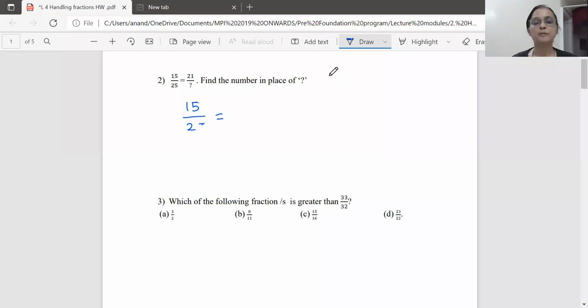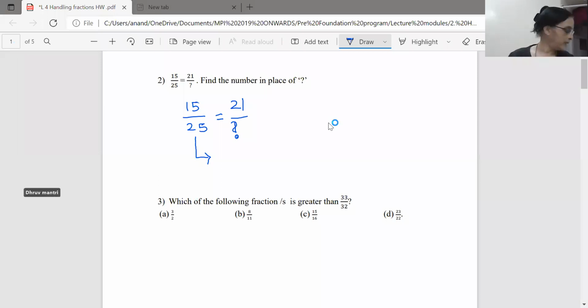Now over here, 21 is not a direct multiple of 15, correct? So I don't have any such number by which I can directly multiply 15 and 25 to get the answer. Then what do I do? I will first go to the lowest fraction. 15 and 25 both can be divided by 5. 15 divided by 5 gives 3, and 25 divided by 5, I will get 5.